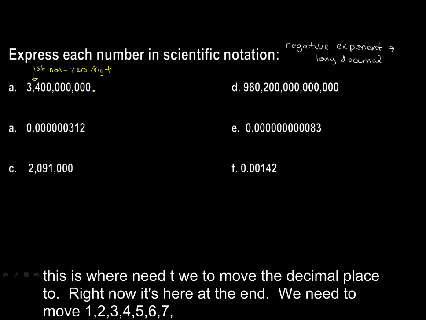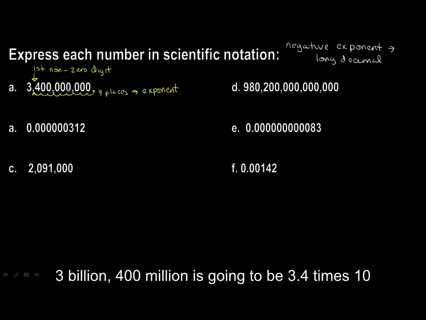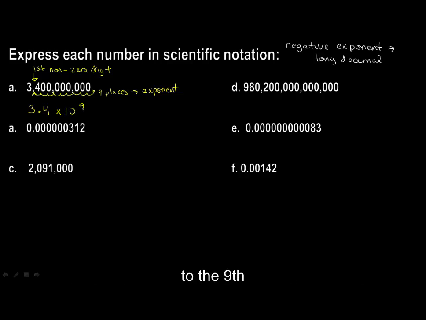We need to move 1, 2, 3, 4, 5, 6, 7, 8, 9 spaces. This is our exponent. So 3,400,000,000 is going to be 3.4 times 10 to the 9th.